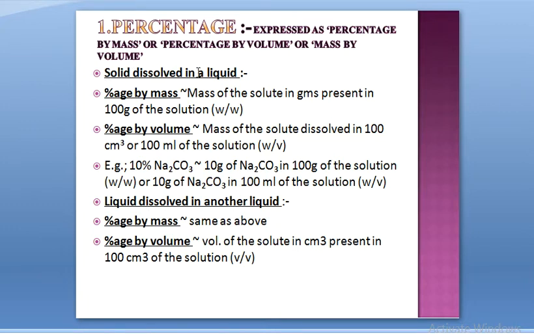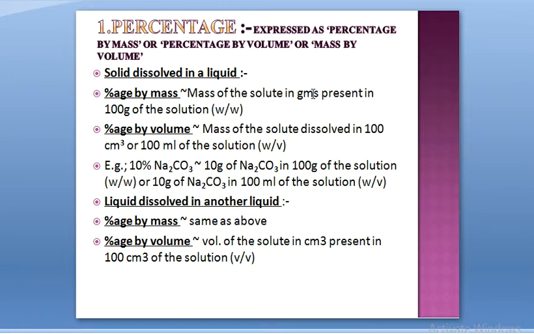Now if we have a solid dissolved in a liquid, solid is your solute, liquid is your solvent. अगर आपसे बोला जाए कि percentage of mass बताओ इसकी, it is just the method of expression and you have to follow the steps. If you're asked what is the percentage by mass of a solid dissolved in a liquid, how will you express it? You will take the mass of the solute in grams.